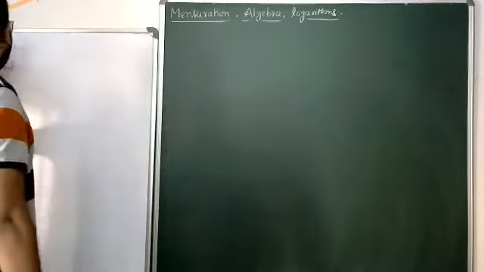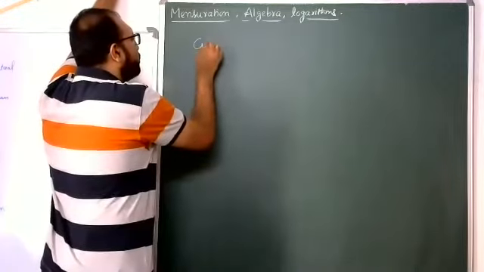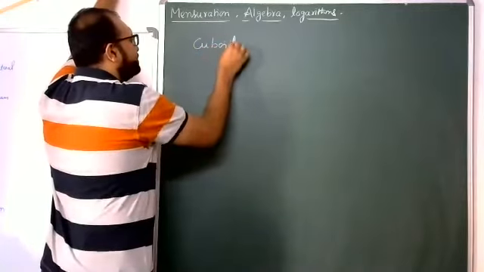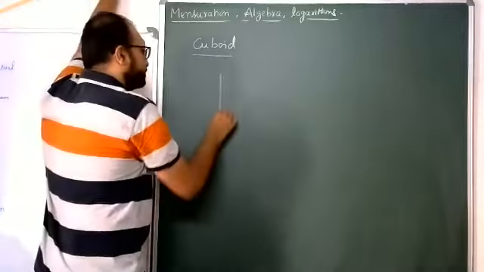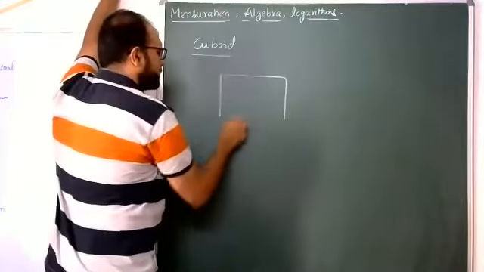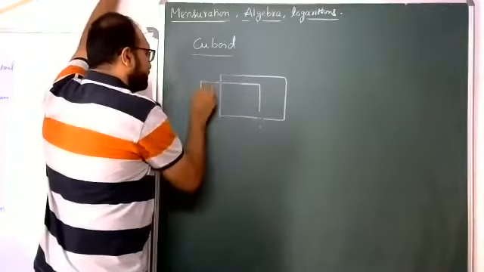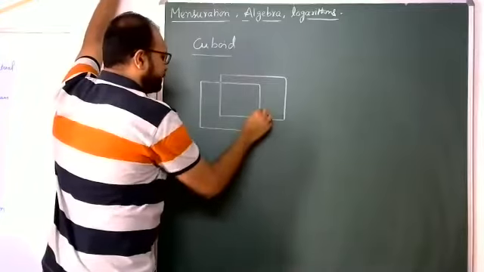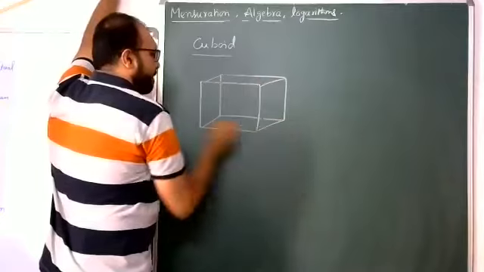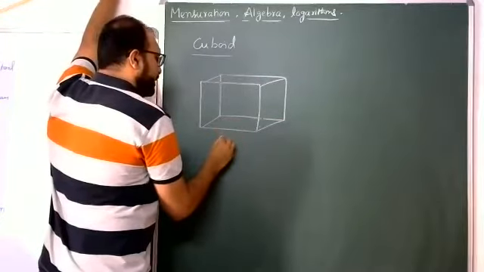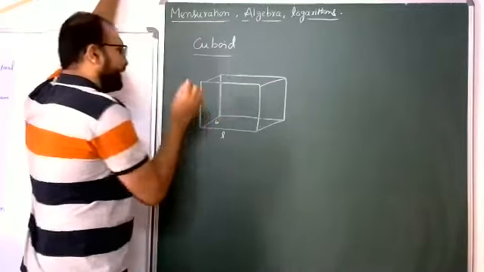In these cubical bodies, first, students, the cuboid, a well-known example. Cuboid. Yes, all students know length, breadth, height. Length L, this breadth B, this height H.